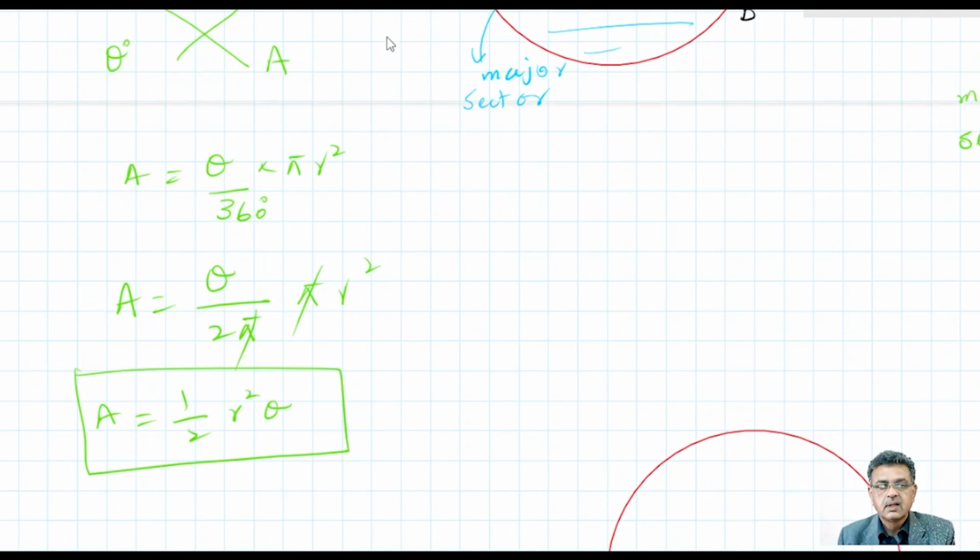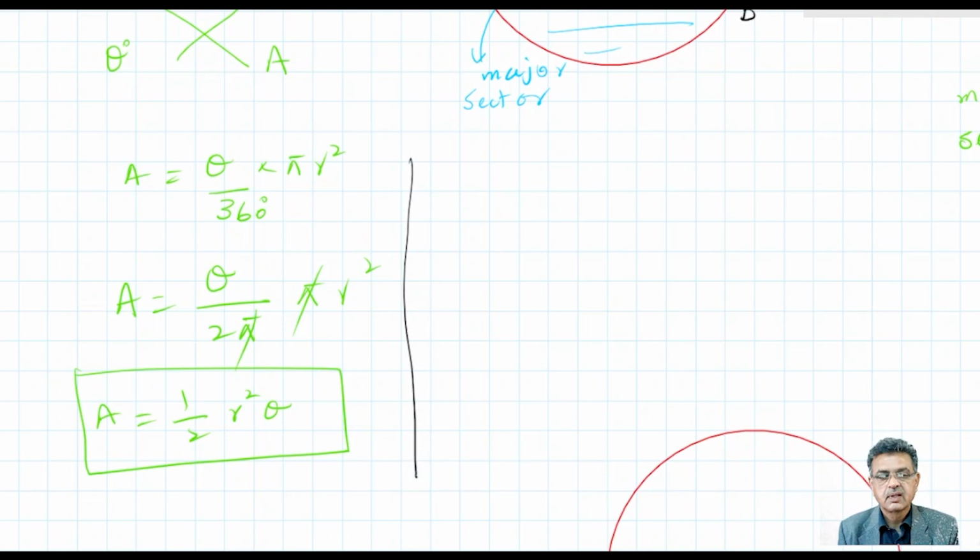Now here, area of sector is half r square theta. Can we say that r square theta means r into r theta? That is same r square theta.